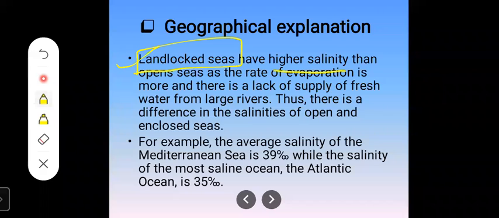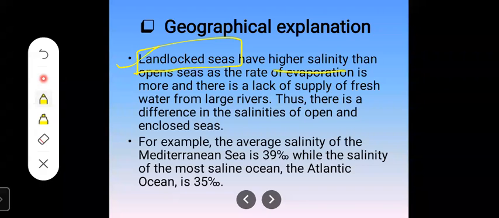Now here, they are explaining to us about the landlocked seas. In the landlocked sea, students, what is happening? Here the salinity is higher than the open seas. Yes, because this sea is completely surrounded by land, that's why the salinity is high. And in the open seas, the rate of evaporation is more, as the sea is open.